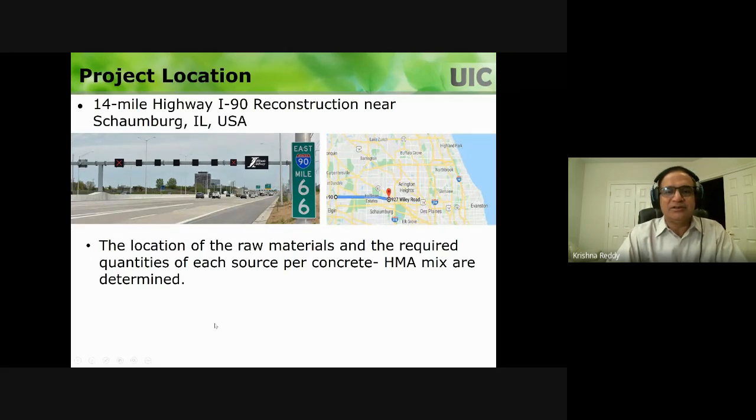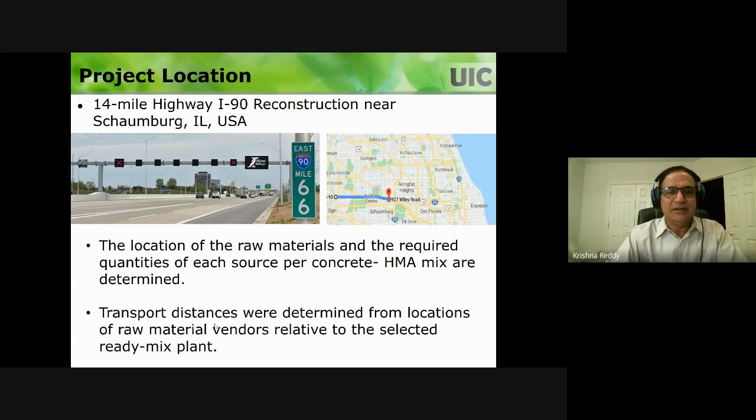Because in sustainability assessment, we really need to know what materials we need, where are they available, and how we are going to transport those to the project site. So these are going to control your sustainability. And then, as I said, again, transport distances.